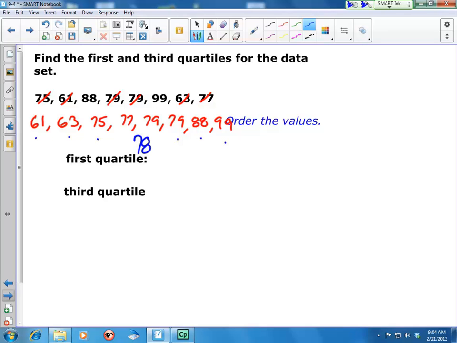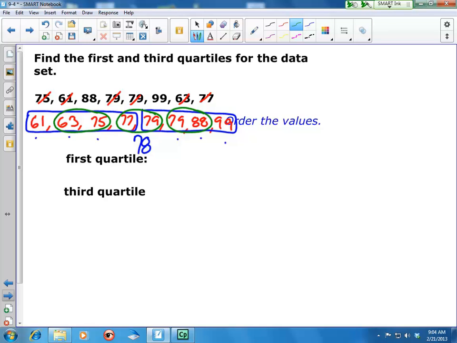Now, I need to take a look at these guys right here to determine my quartiles. Well, again, this one is kind of the same way, because I had to find the average of these two guys to get 78. Well, to find my median for these guys, I'm going to have to add those up and divide by 2.